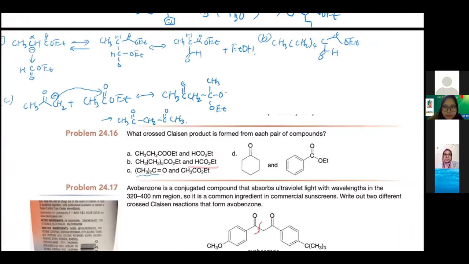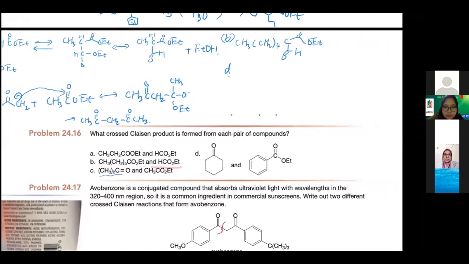Here, and D is also here like this compound. This has no alpha proton; there is only an alpha proton here. This reacted here, so it is a little bit complicated.